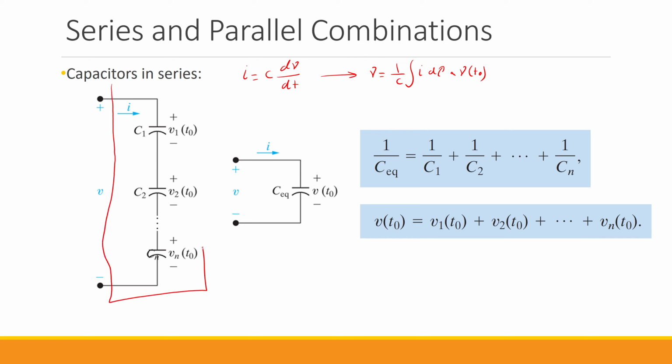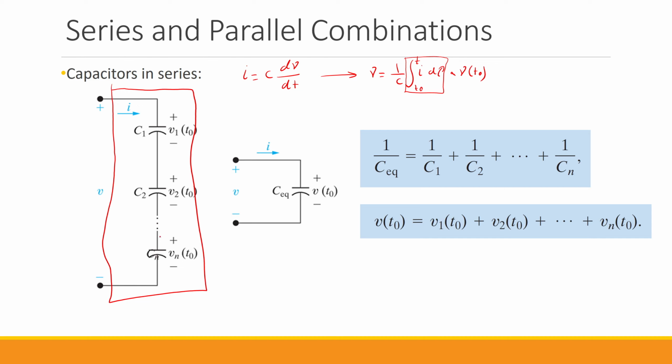Now to get the voltage for this series combination, we need to sum all the individual voltages, with the integral going from t0 to t. For each of these capacitors we can calculate the individual voltage, and each has this integral in common because the current through capacitors connected in series is the same for all of them.